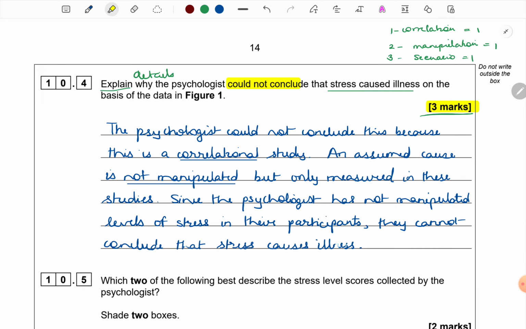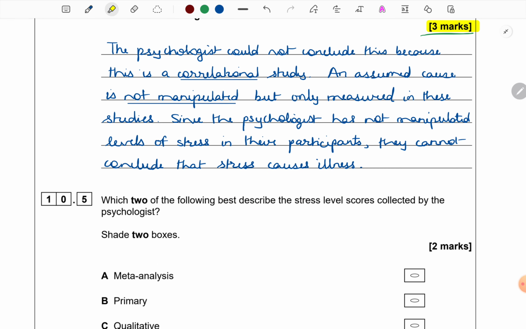Coming to the next question, which two of the following best describes the stress level scores collected by the psychologist? Which means literally selection or picking out, and we can clearly see it's a multiple choice type of question. Very importantly, it's for 2 marks. Students are very accustomed to answering multiple choice questions in which only one option is the correct answer.